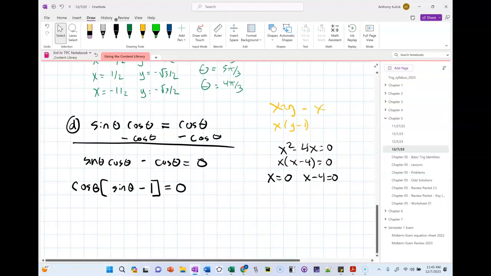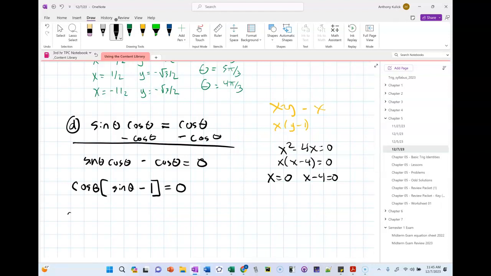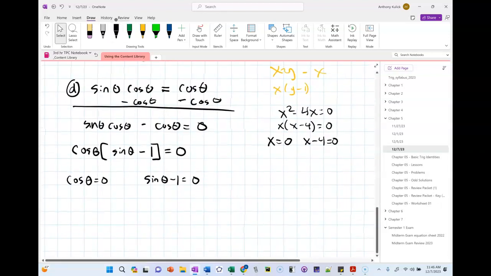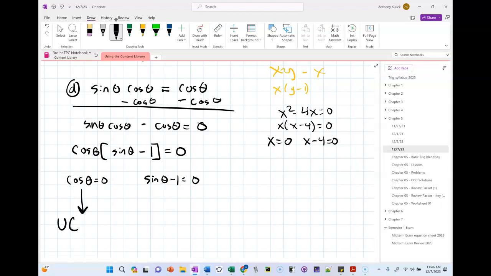What are we going to do to our trig problem then? So write cos theta equals 0, and then sine theta minus 1 equals 0. So far, so good? Okay. The cos theta, I have the trig part all by itself, so I'm ready to go to my unit circle.